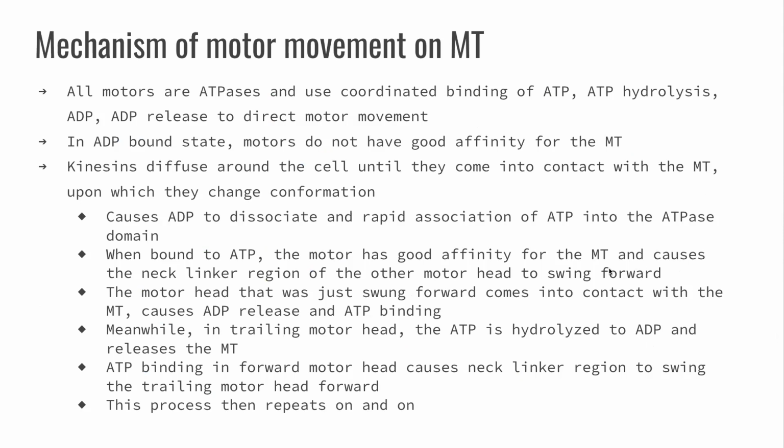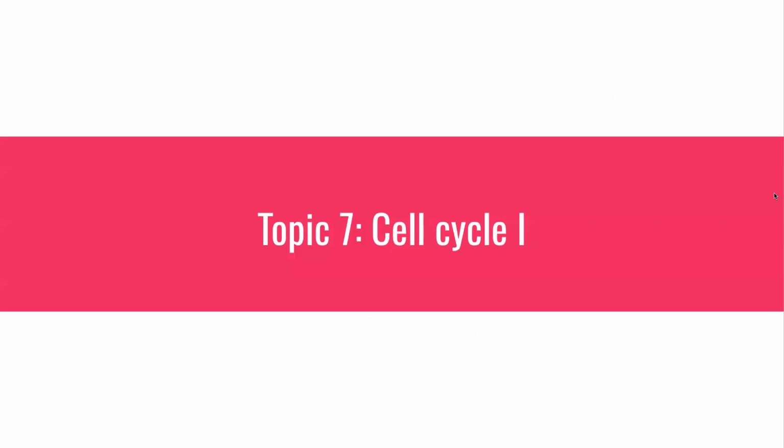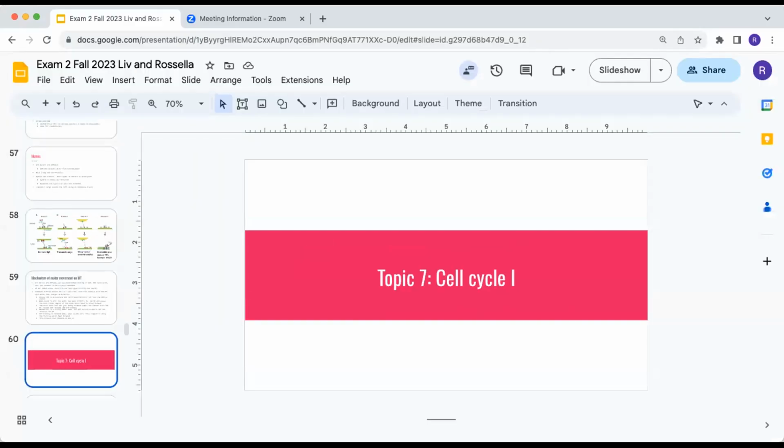And then there is a minus end kinesin, and I think that's kinesin 14. Yeah, that's the extent to which you need to know the kinesins. Thank you guys. We can answer any questions now if you guys haven't.